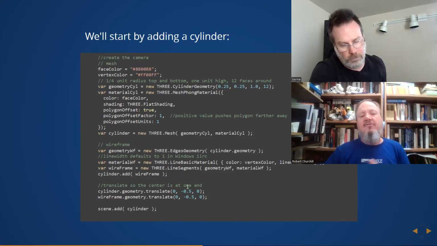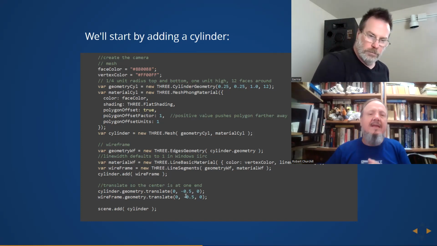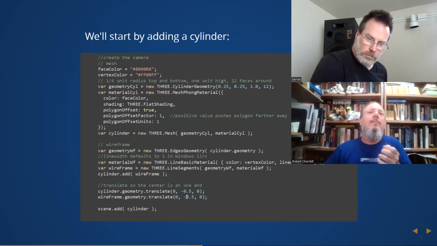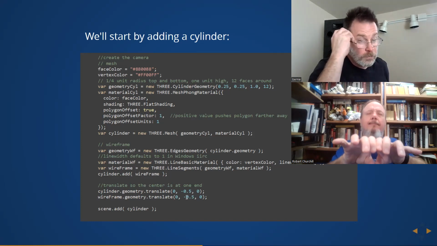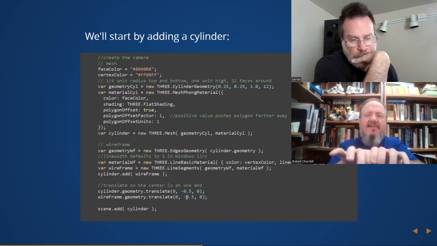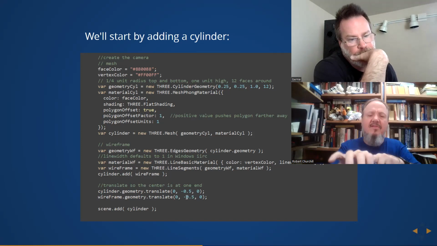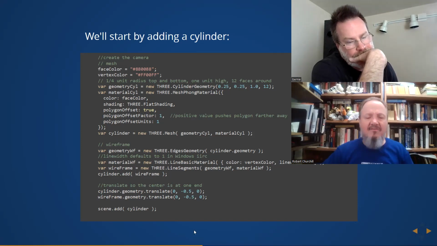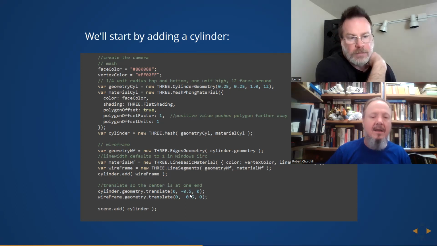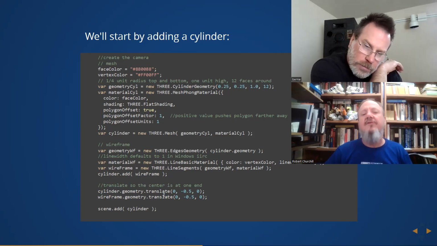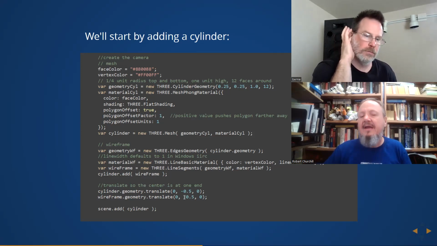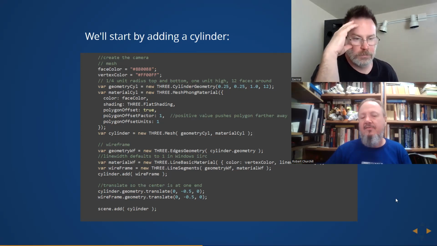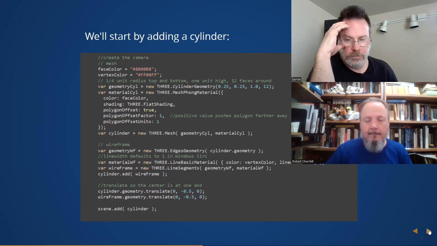I wanted to transform it to define the origin as the center, but I had to shift it out to the actual end. And the surfaces in the wireframe have to be in sync and translated the same way.